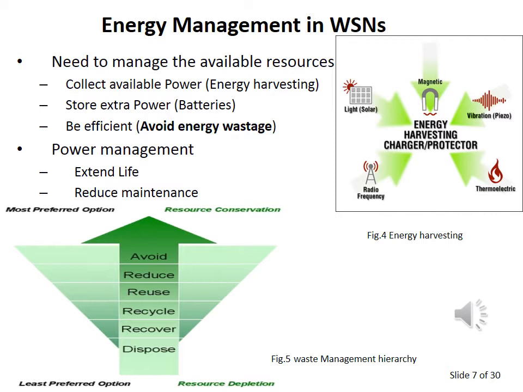You can see the diagram: solar, radio frequency, vibration, and thermoelectric. We can harvest the energy from the environment, and this way we can improve the power of the wireless sensor network. Similarly, in this way we can store extra power in the batteries.